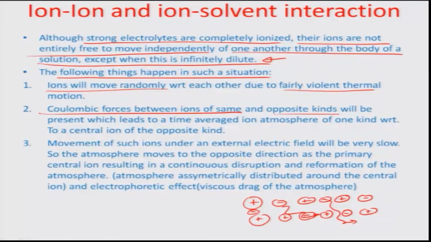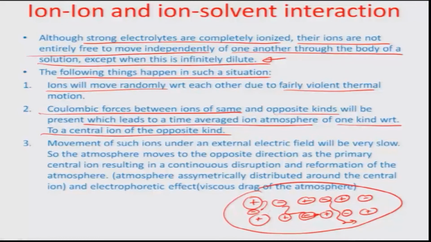Obviously there would be forces of attraction between the positive and negative charges, and similarly forces of repulsion between two negatives or two positive charges, and so this will be present, which leads to a time averaged ion atmosphere of one kind with respect to a central ion of the opposite kind. Here, as I was drawing this figure, as you see here, we have these polarity differences maintained. So a positive ion in close proximity of a negative ion.